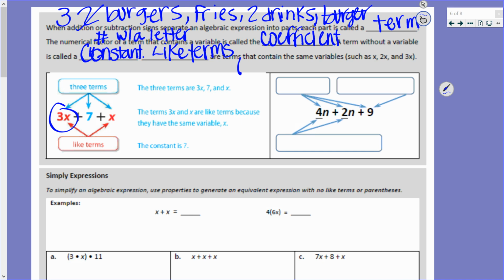Whenever you're thinking about that, think burgers and fries. So like terms are whenever you have a list and you're talking about, oh, 3 burgers, 2 fries, okay? Think burgers and fries. You don't say burger, burger, burger, fry, fry, fry.